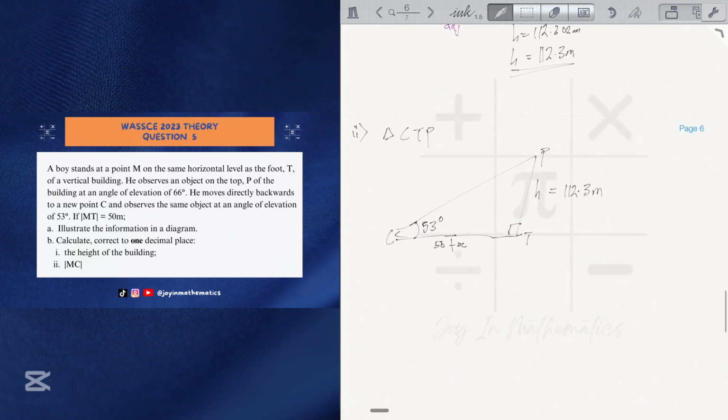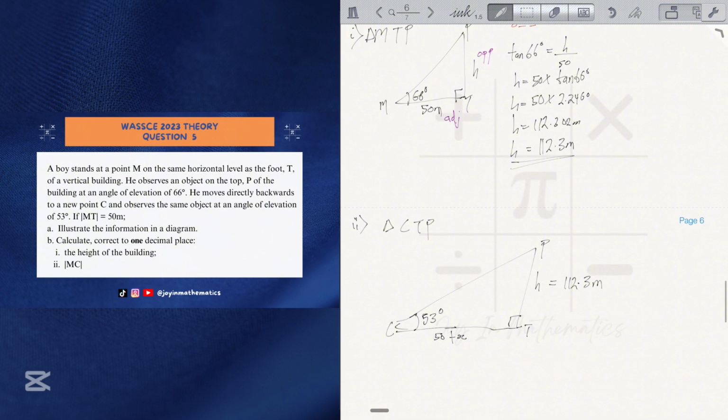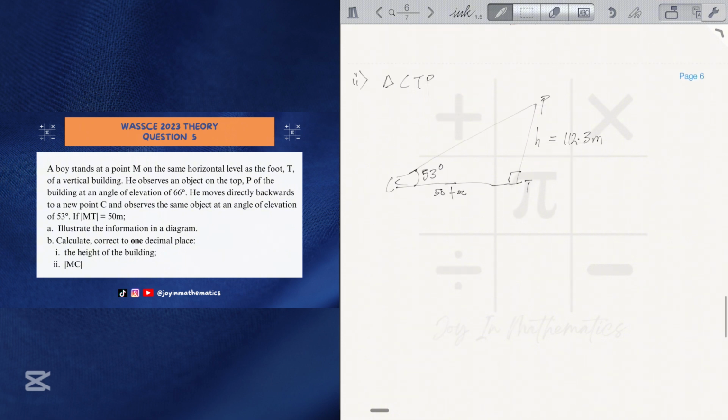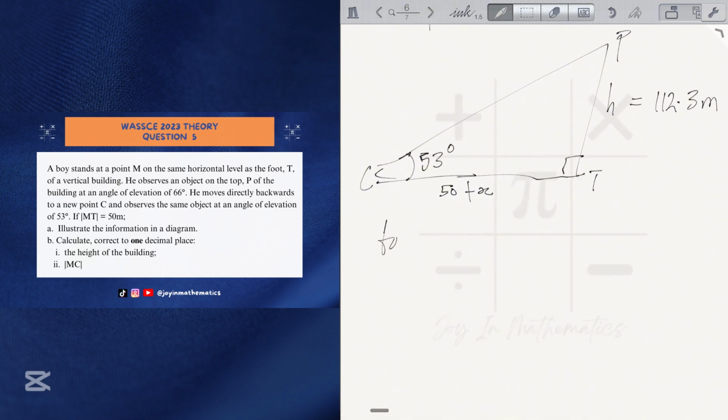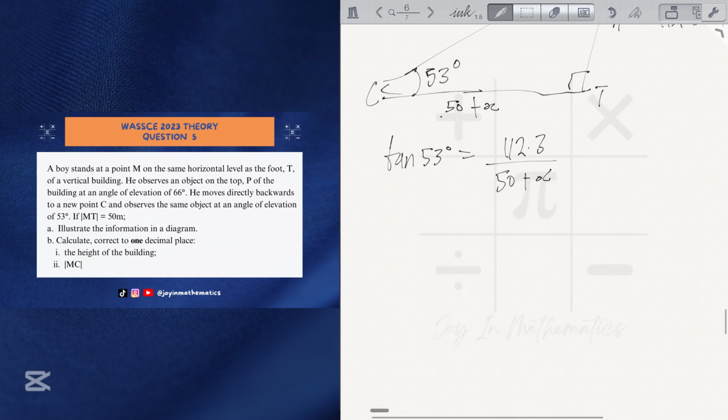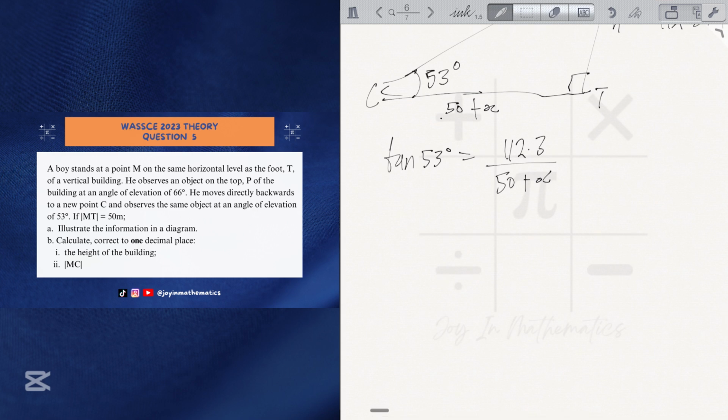Just like we solved before, where we used tan 66 degrees is equal to H over 50, we are going to apply the same thing here. This time we say tan 53 degrees is equal to the opposite, which is H, 112.3, divided by the adjacent, which is 50 plus X. We are looking for X, so let's cross multiply.